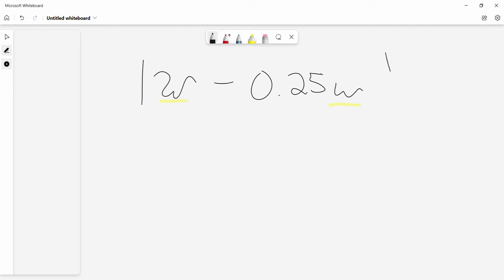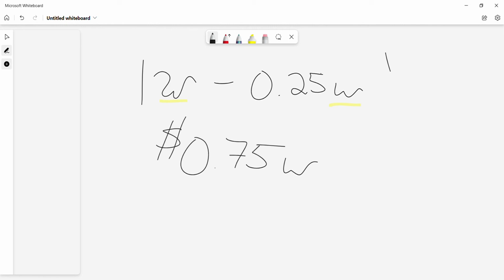The answer is 0.75 W dollars. So then you would write in a complete sentence, Wendy paid 0.75 W dollars for this ring. We're on page 169, guided practice number 1.